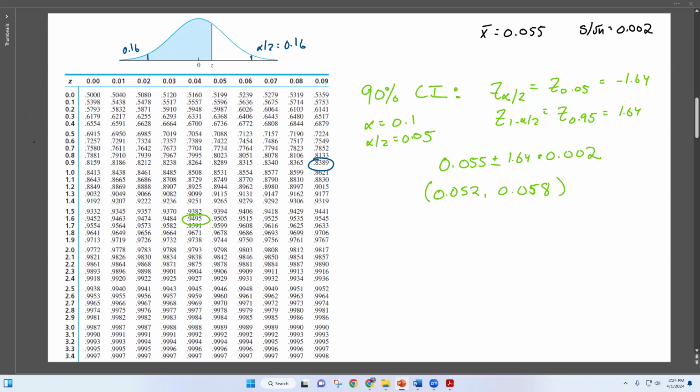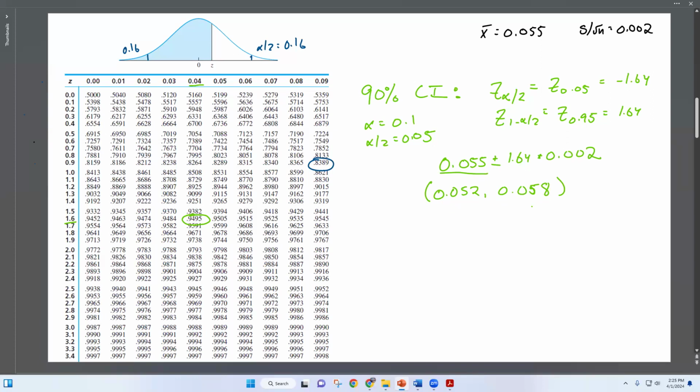So that's the approximate for our alpha over 2, which is going to be 0.05 and 0.95 on either end. So that gives us the 1.64 from this table. And then we'll multiply that by our standard error, and then we add and subtract it from the sample mean. So that gives us a confidence interval of 0.052 and 0.058.